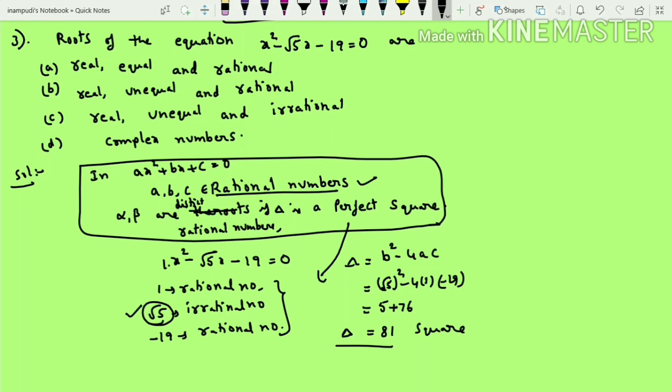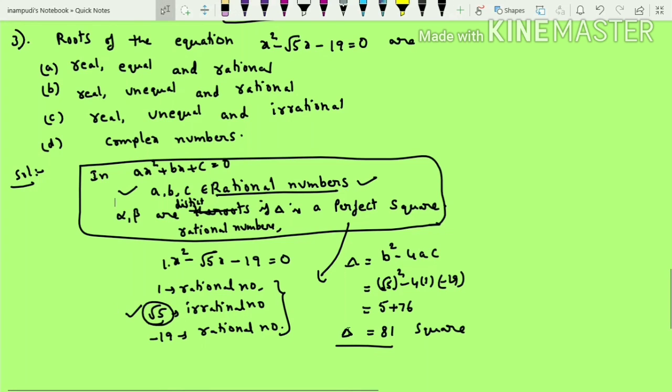So we cannot tell this way, because here one coefficient, root 5, is not rational, though minus 19 is rational, so the condition cannot be satisfied.